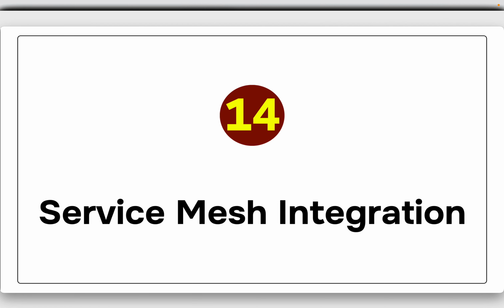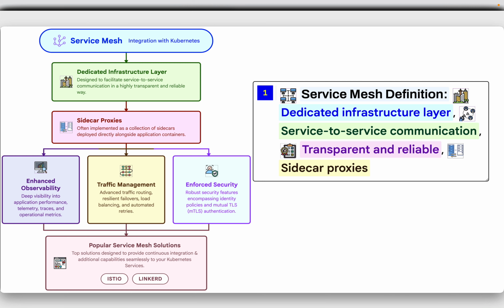14th topic is service mesh integration. A service mesh is a dedicated infrastructure layer designed to facilitate service-to-service communication in a transparent and reliable way, often implemented as a collection of sidecar proxies.